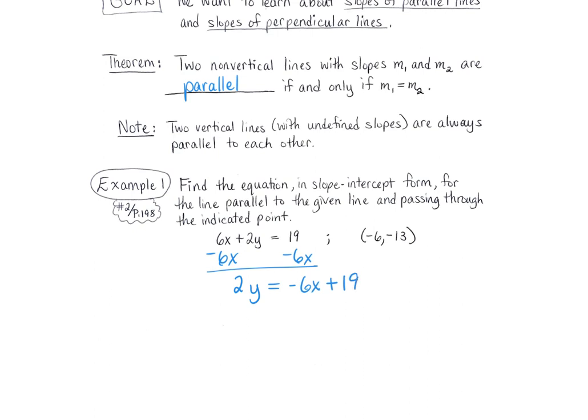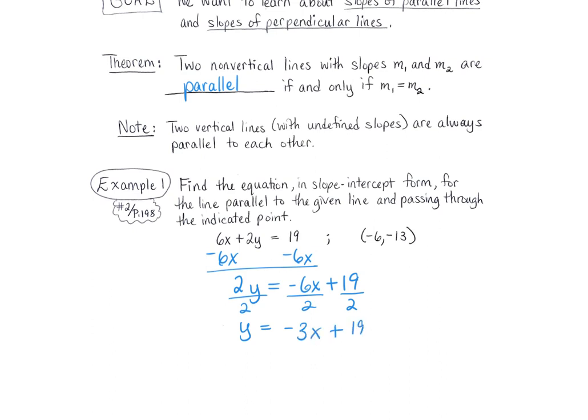Are we done? No, because we have to do what to both sides? Divide by 2. Good. And so we get y equals what? Negative 6x. Nope. Negative 3x plus 19 over 2.